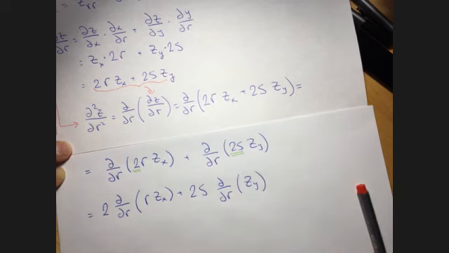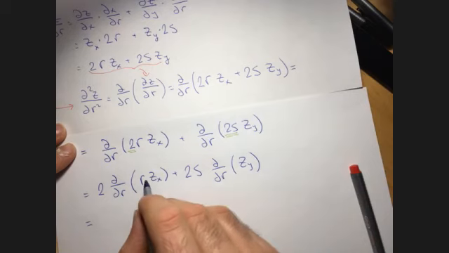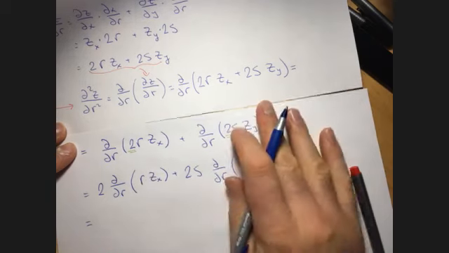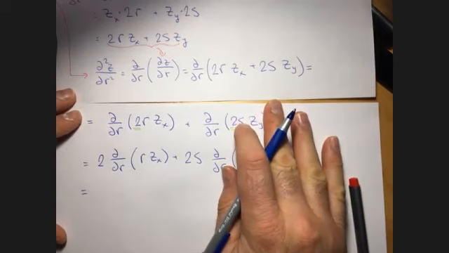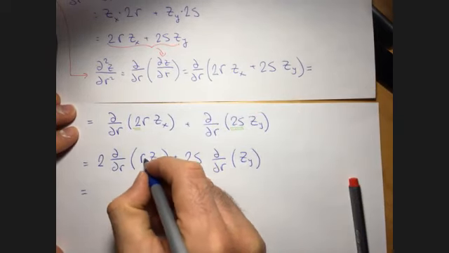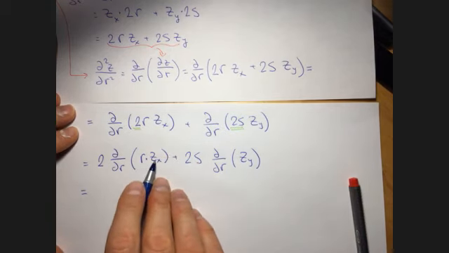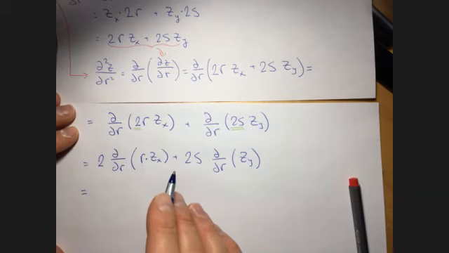Now we go one step further. I have r times partial z partial x. So if I find the derivative of two functions depending on r, I have to apply the chain rule.